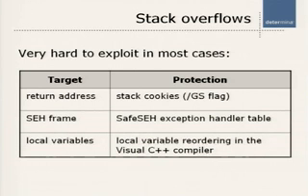If your code was compiled with the safe SEH flag, all the exception handlers in the program will be registered in a special table inside the binary. And if you try to execute an exception handler that is not in that table, the operating system will just refuse to jump there.